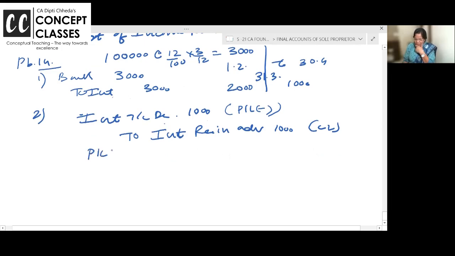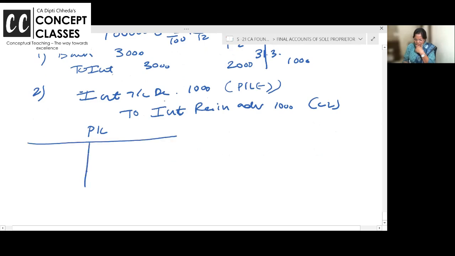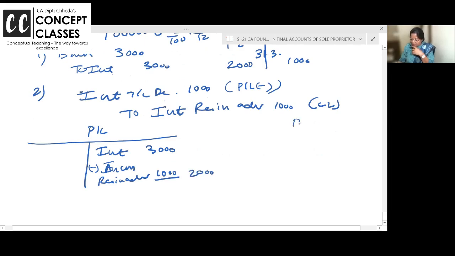How this will appear in the P&L account and balance sheet? Interest is coming as 3,000 minus income received in advance 1,000. Outer column 2,000.